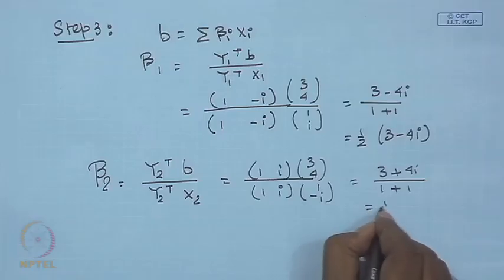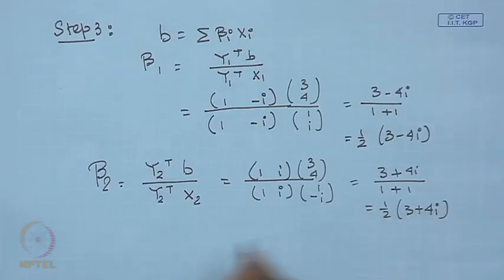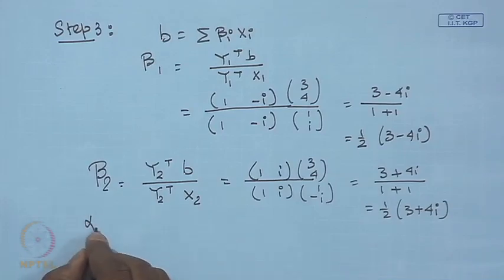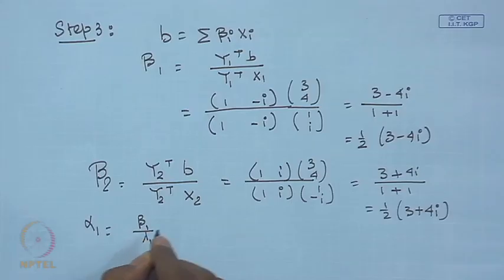So, this becomes half of 3 plus 4 I. So, you will be getting alpha 1 as beta 1 by lambda 1.